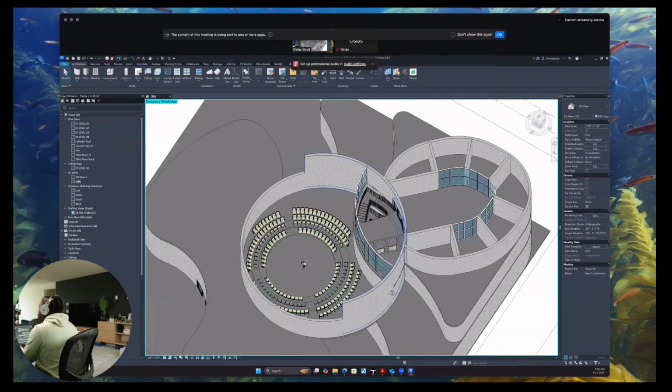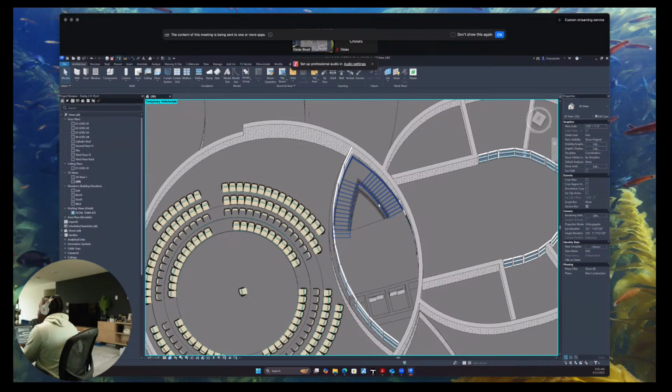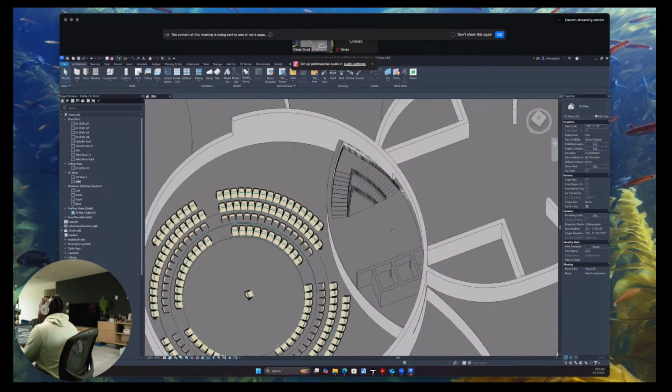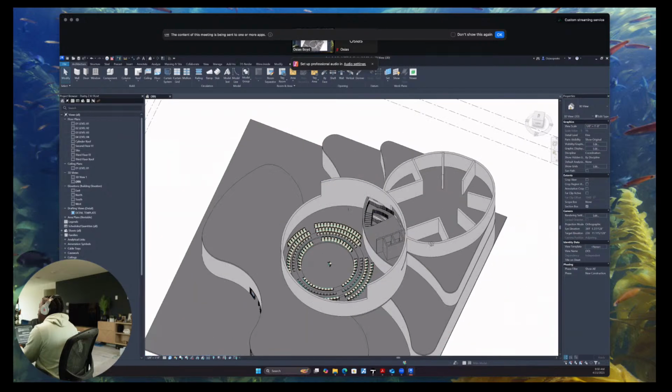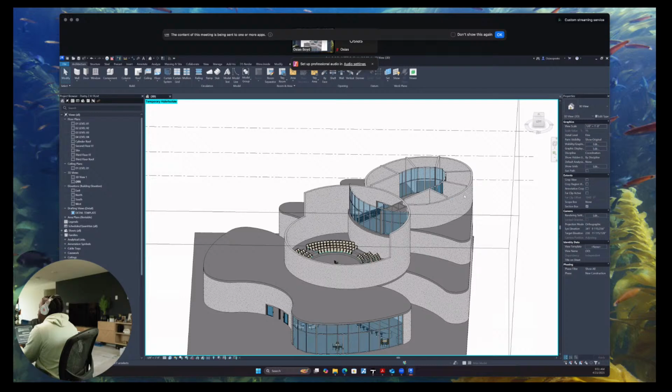Here is my elevator shaft. I like this program, especially because it does take on a unique shape. So we have our offices up top. We've got to add our windows in here.